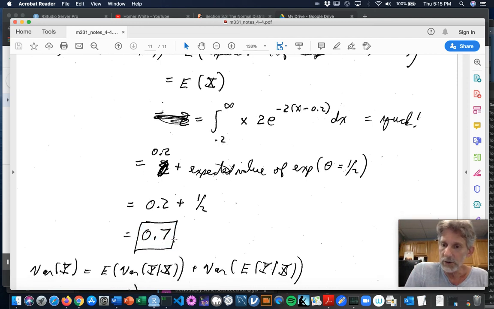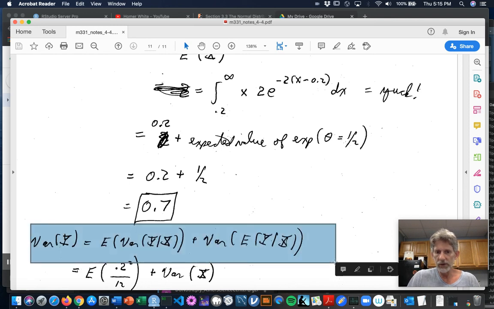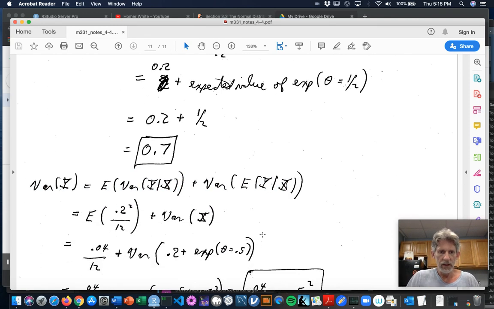You'd expect them to charge you $700 on average. Give or take how much? What would be the standard deviation of this random variable? Well, we could get its variance. We could do that with the conditional variance formula. So we need the expected value of the variance of y given x.